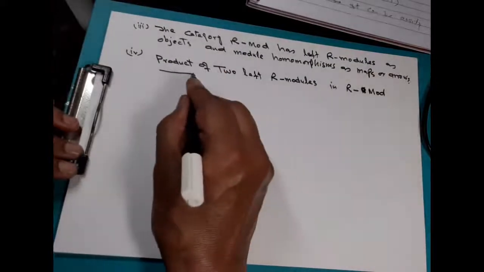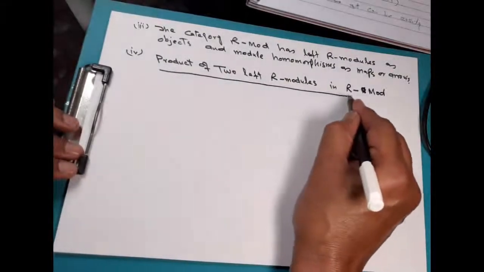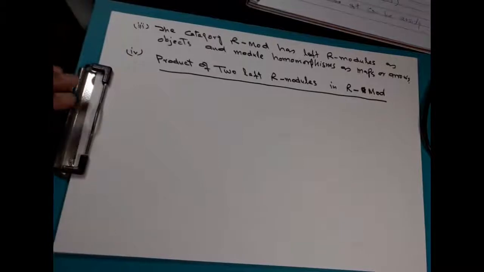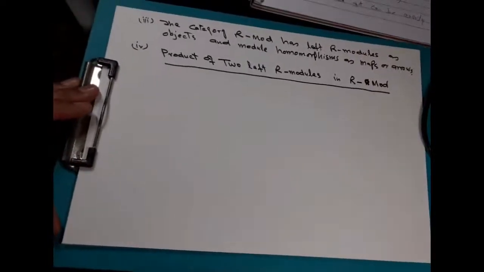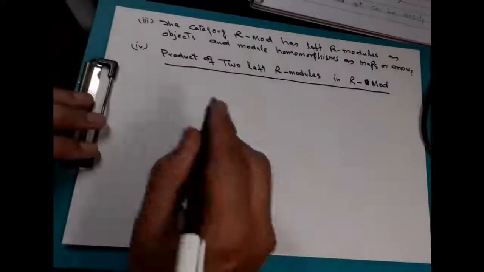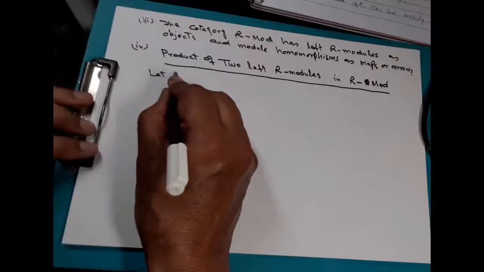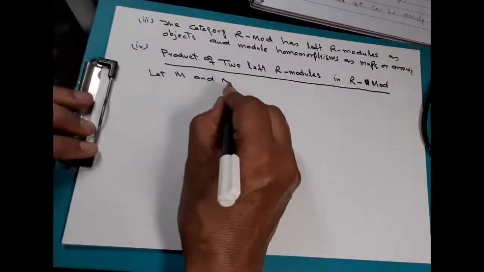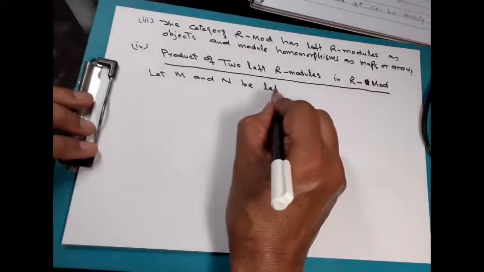So this is what we are going to discuss. So let M and N be left R-modules.